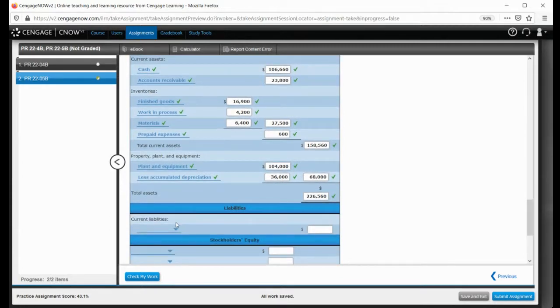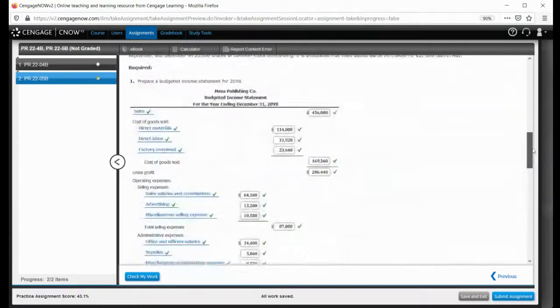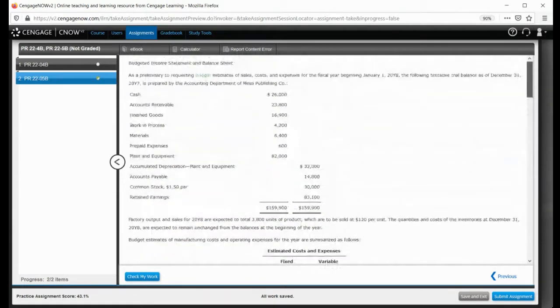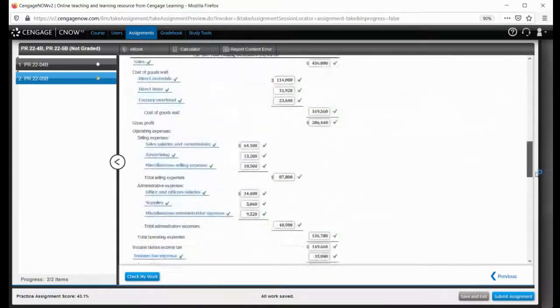The next section is to compute your liabilities. We only have one liability, that's accounts payable at $14,800.